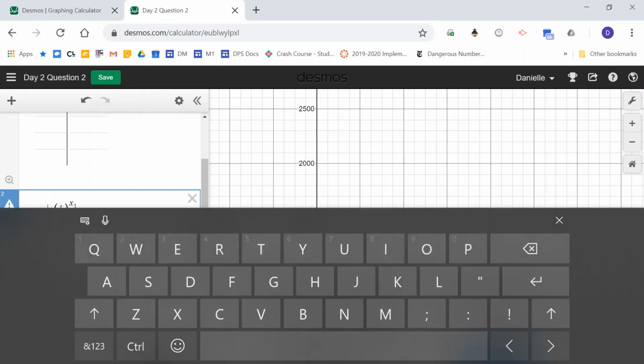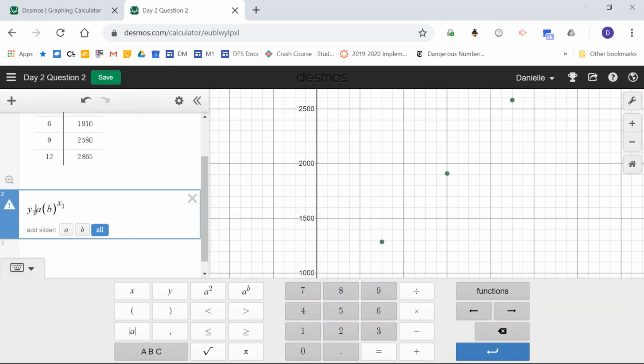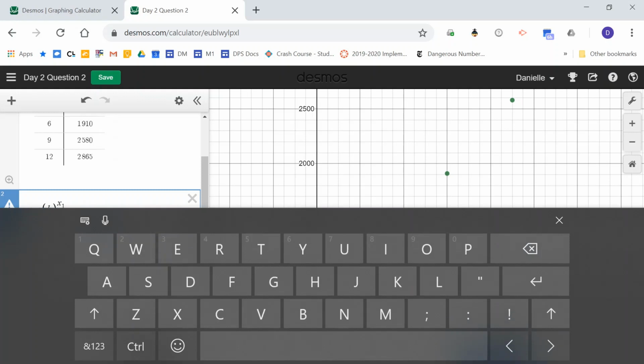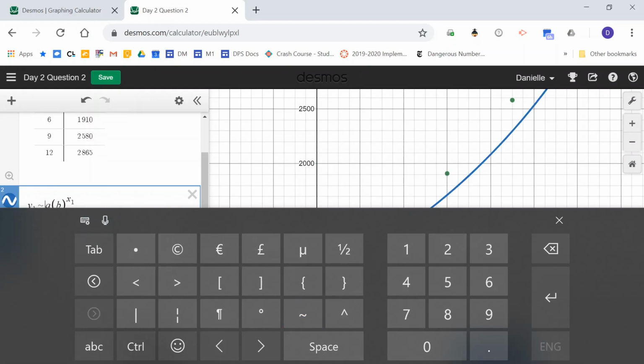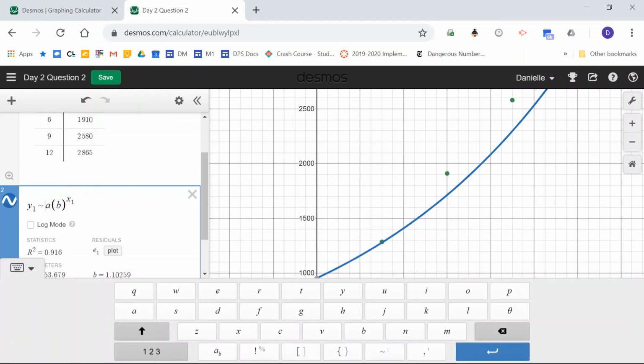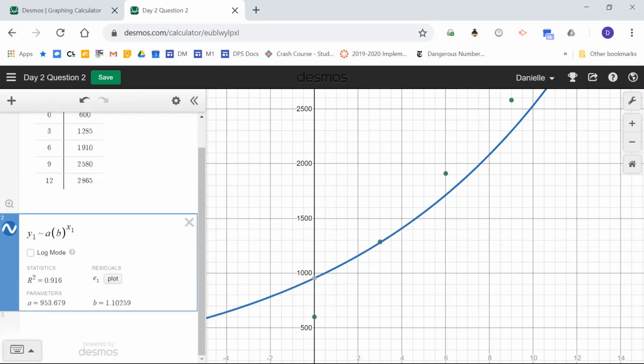Oh, and I'm sorry, this equal sign. This is the important part. In order for Desmos to know that you want to do regression, you use the little tilde key instead of the equal sign. So this key right here. There we go. I'll get better at this. Okay, so now if you notice, we have y1 tilde a times b to the x1.